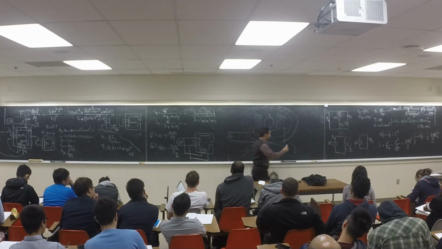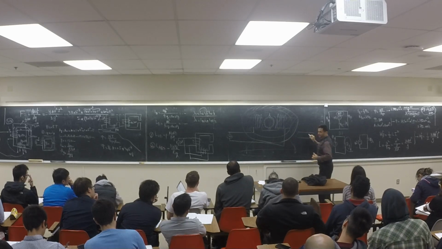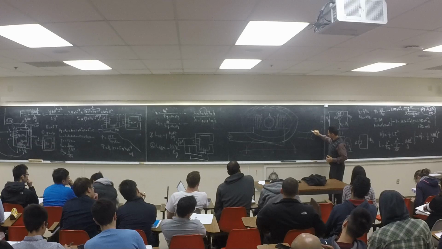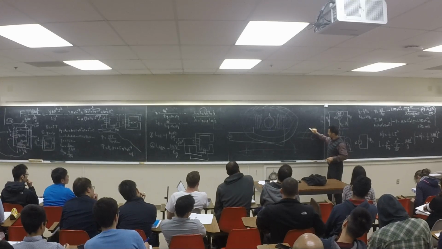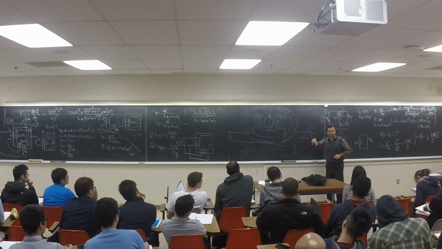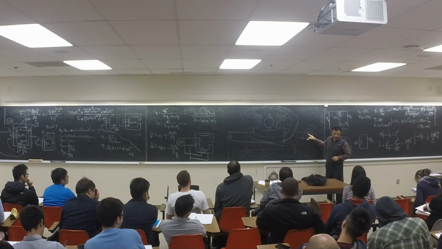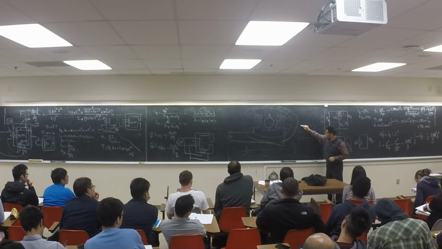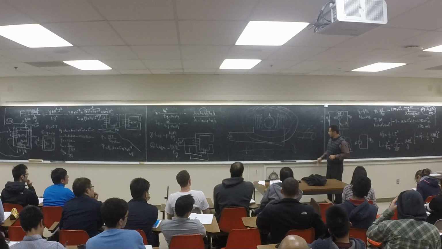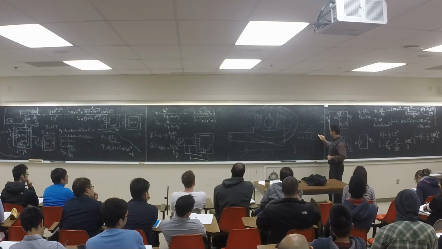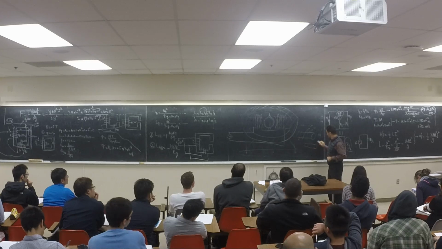If you look at the rotor of a generator, let's say the machine is rotating like this. The mechanical torque is in the same direction as the rotation of the machine because we rotate the machine, right? Electrical torque is opposite.